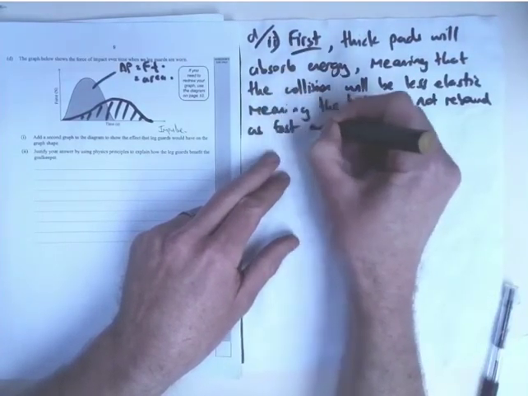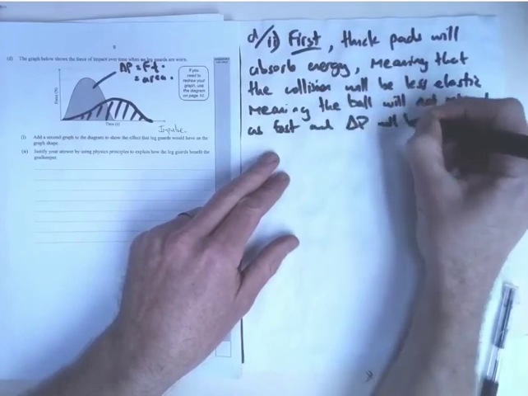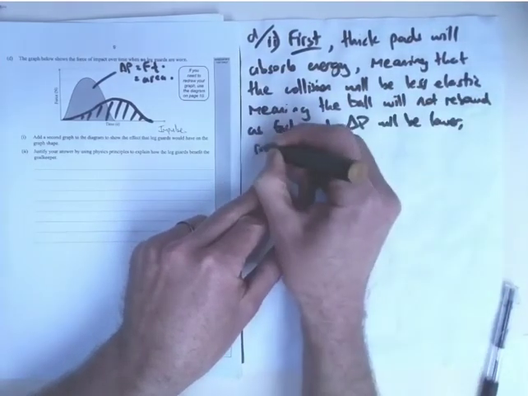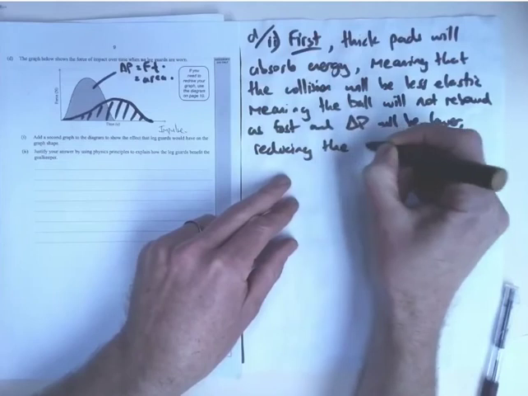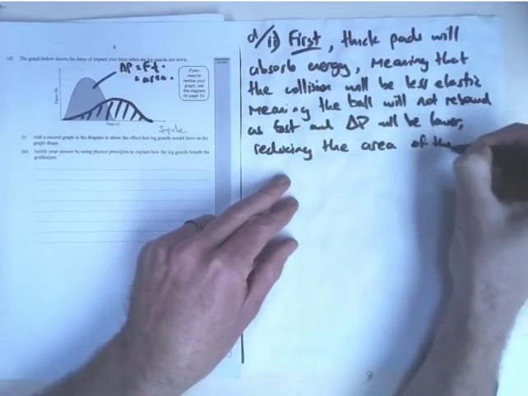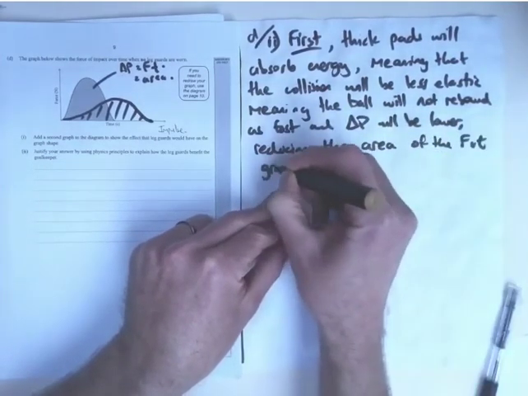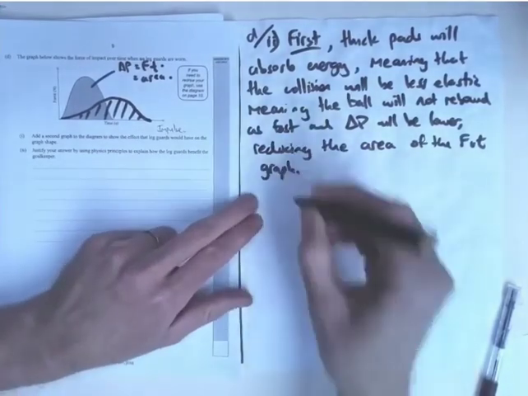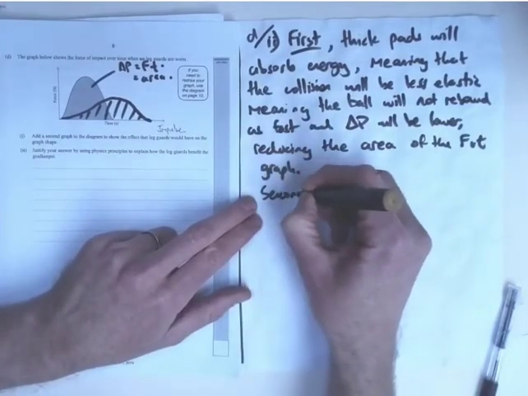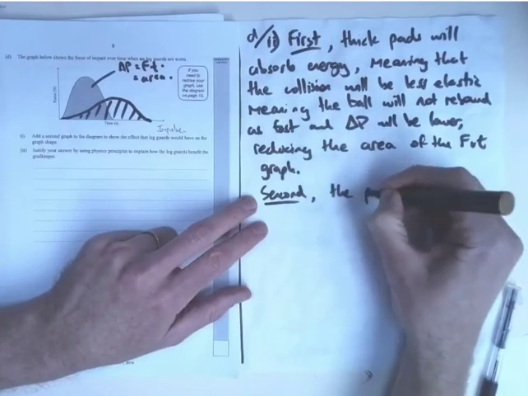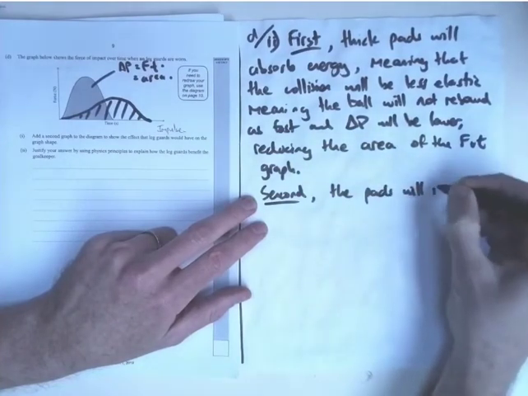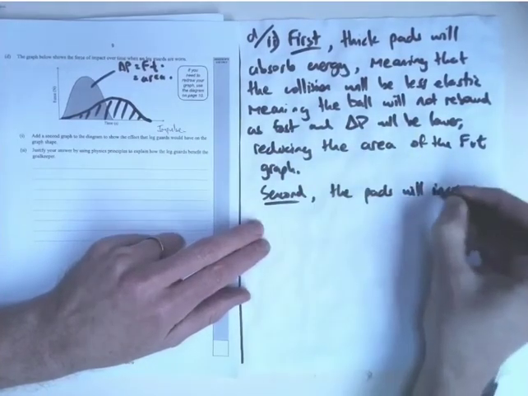Perhaps "dissipate energy" would be better. Dissipating energy means that the collision will be less elastic, meaning the ball will not rebound as fast, and the change in momentum will be lower, and this would reduce the area of the force versus time graph. So it's not actually the same, it's going to be slightly less.